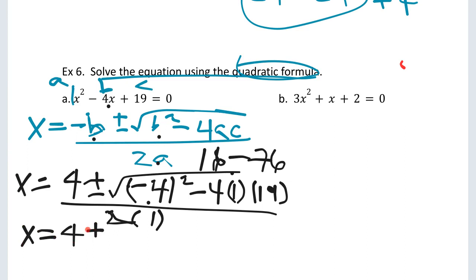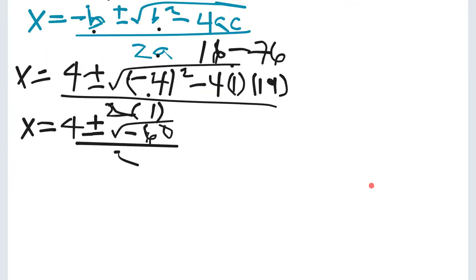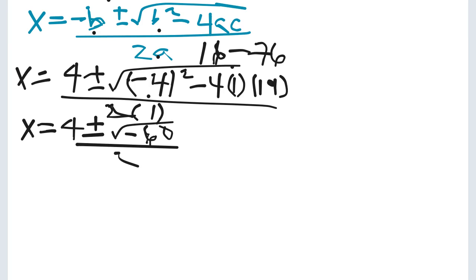So we have plus or minus root negative 60 over 2.